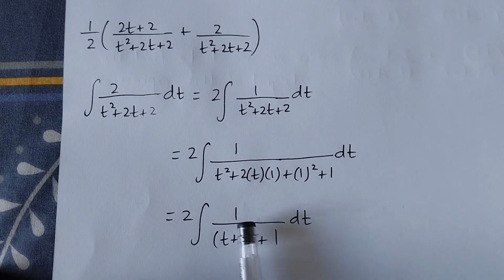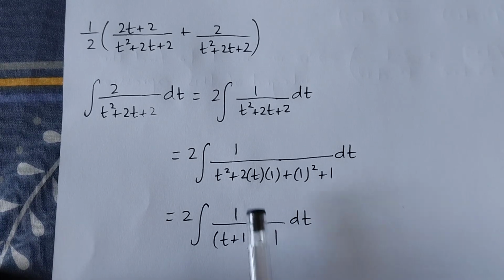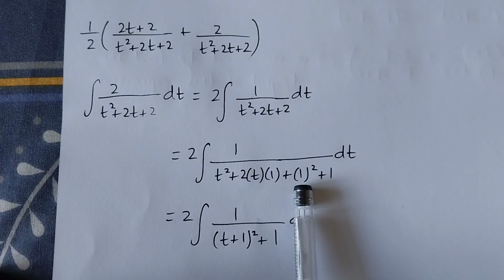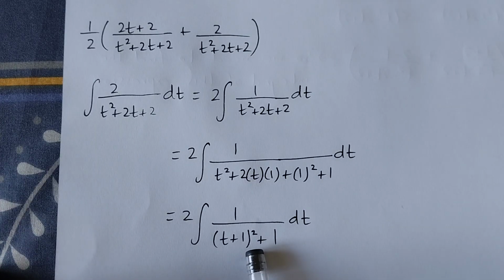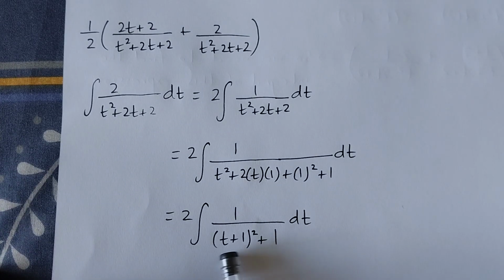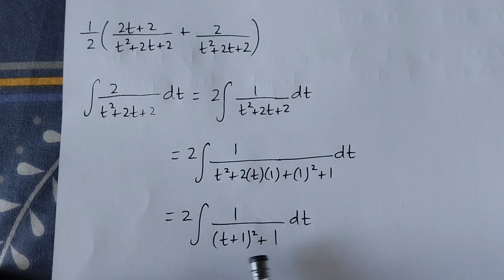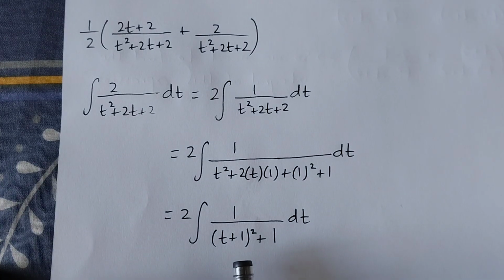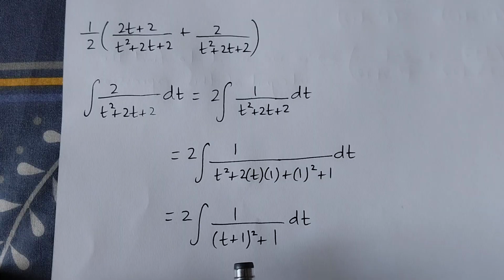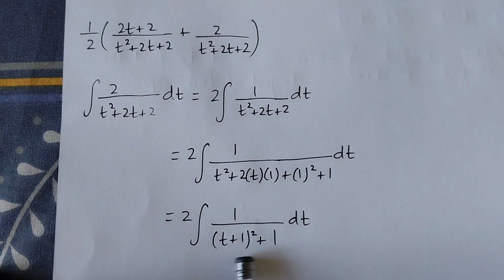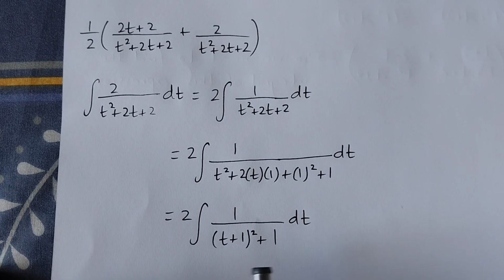So we get 1 over t plus 1 whole squared plus 1, because a squared plus 2ab plus b squared is equal to a plus b whole squared. This is basically x squared plus 1 or 1 plus x squared, and we know that tan inverse of x has the derivative 1 over x squared plus 1.